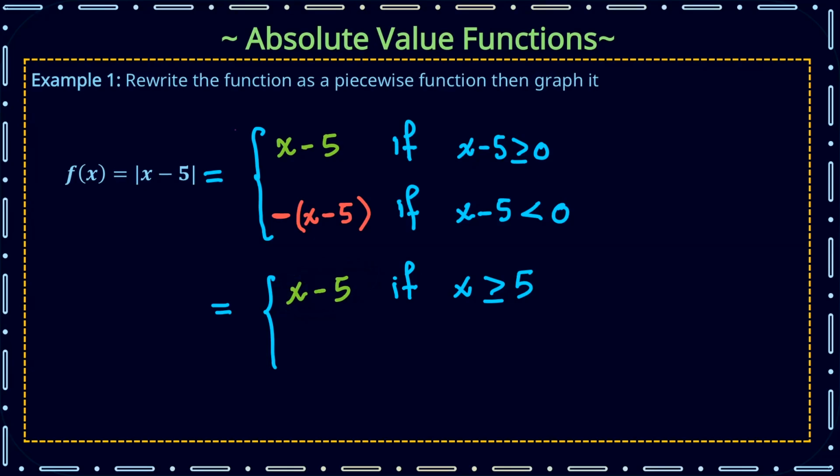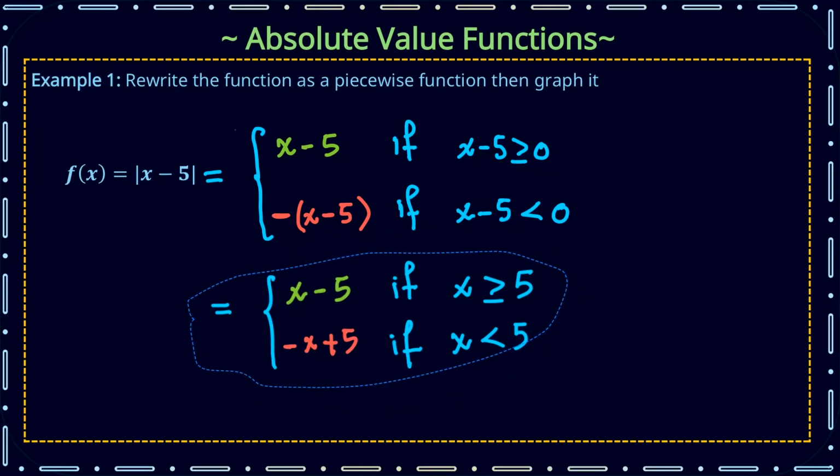And we get negative x plus 5. I have distributed the negative in. If x is less than 5. And again, for the second inequality, I've added a 5 to both sides of the inequality. This is our piecewise definition.